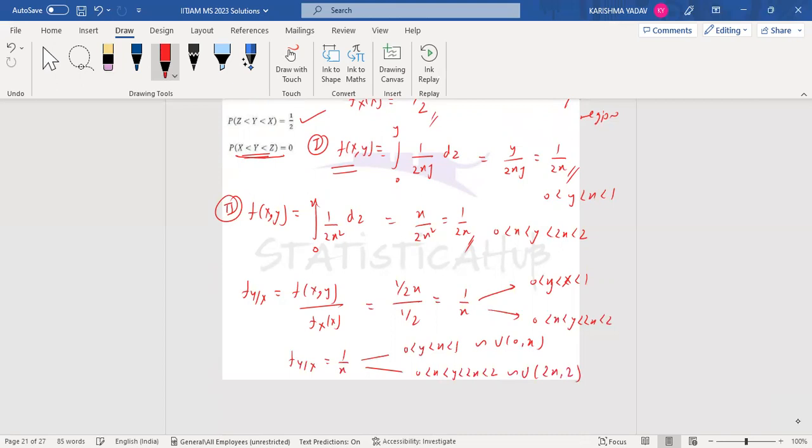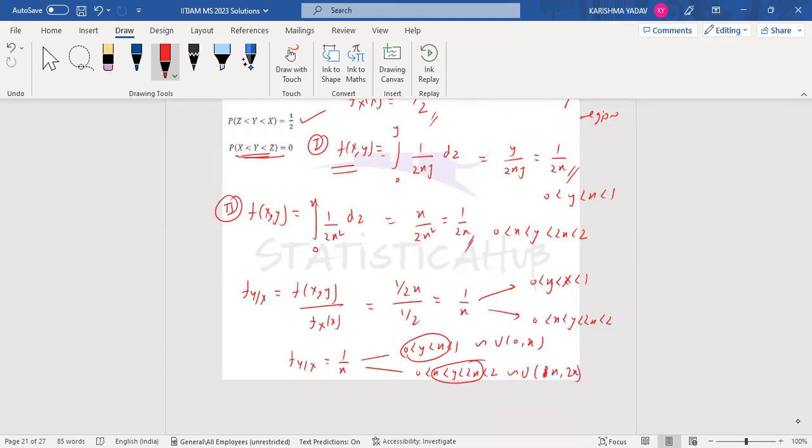How? Because if you find the PDF of this one, it will be 1 by x and the limit for y here is 0 to x. Similarly, for the second region the limit for y is x to 2x.